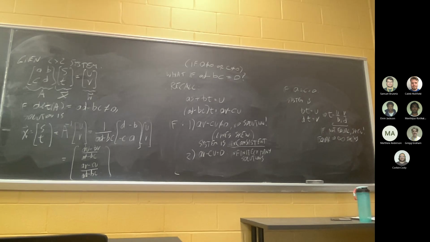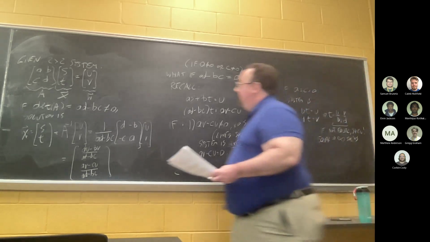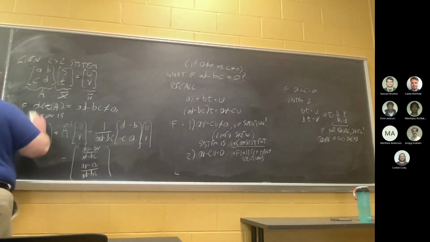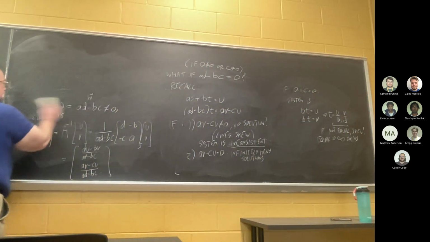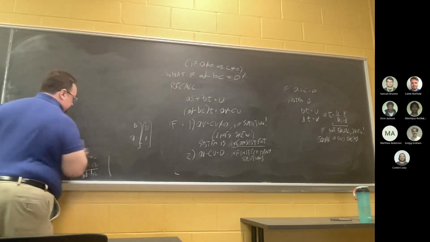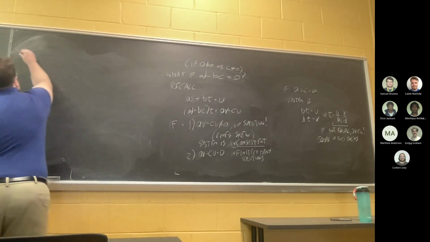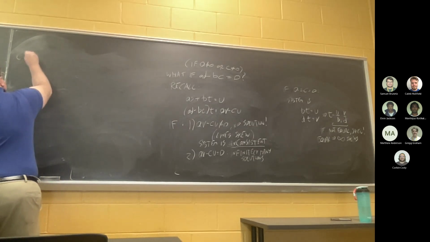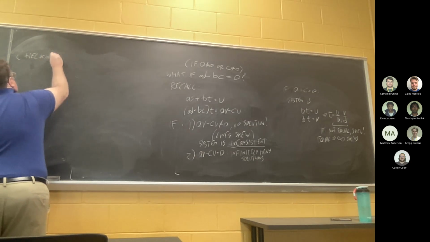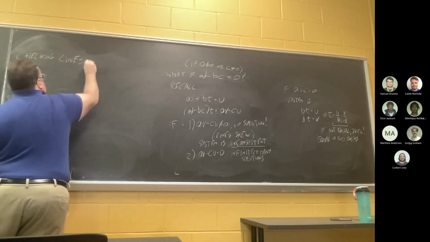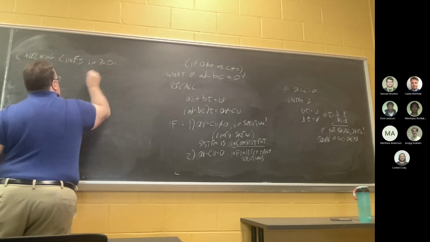Now that we've seen that these are possibilities, here's how to proceed with determining what's going on with the two lines you're given. We're given two lines in three-dimensional space.